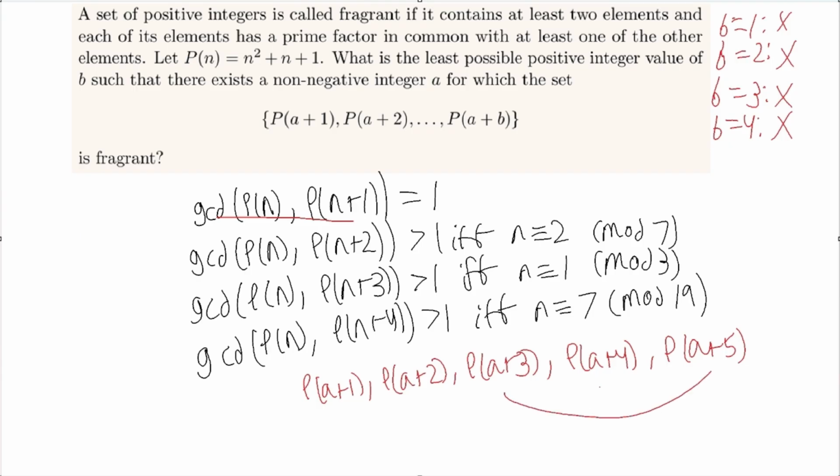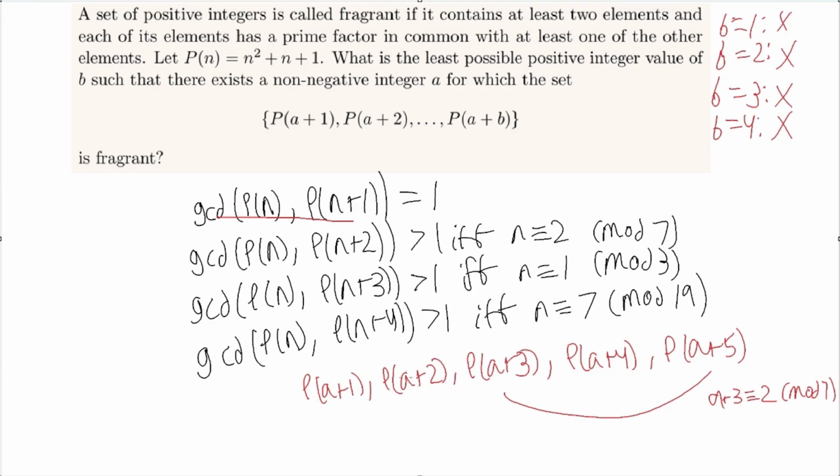So that means that these two are paired up. So A plus 3 is equivalent to 2 mod 7. And now see what the A plus 4 can be paired up with. This A plus 4 here must be paired up with one of these guys here, either A plus 2 or A plus 1, because A plus 3 and A plus 5 don't work by this one here.